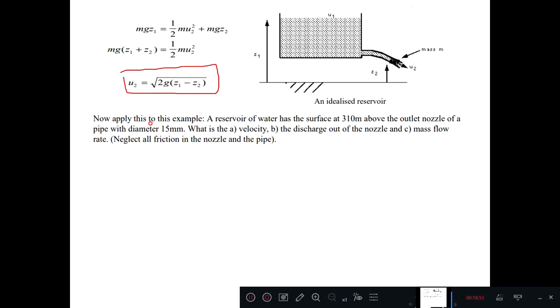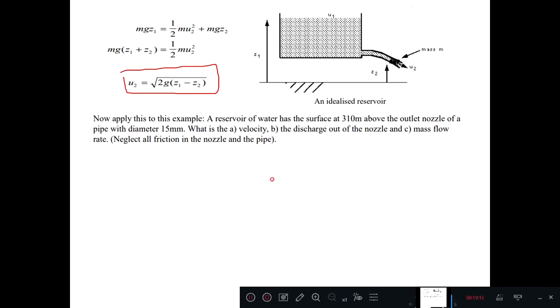Now apply this to an example. Let us take one example. A reservoir of water has a surface at 310 meter above the outlet nozzle, a pipe with a diameter of 15 millimeter. So what is the velocity, the discharge out of the nozzle, and mass flow rate?